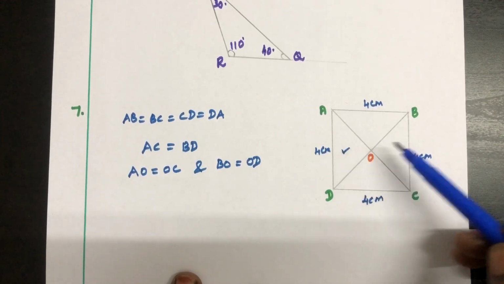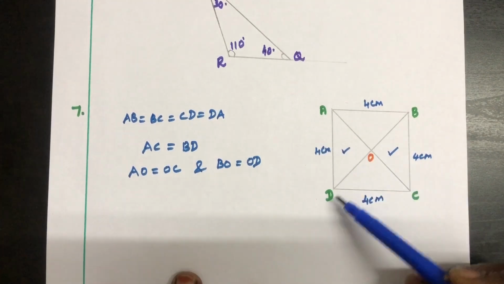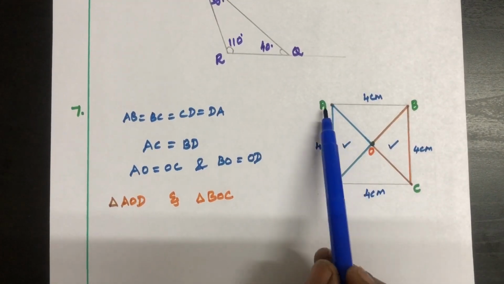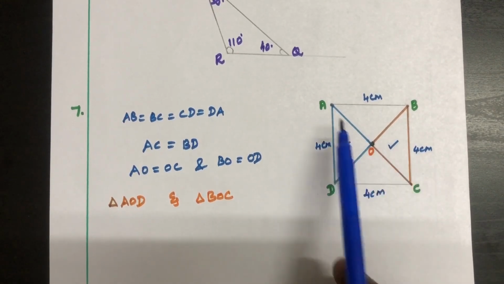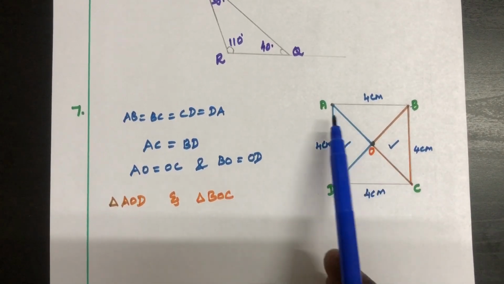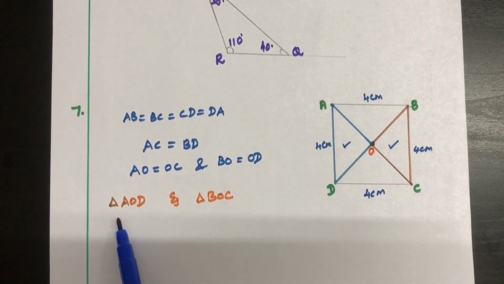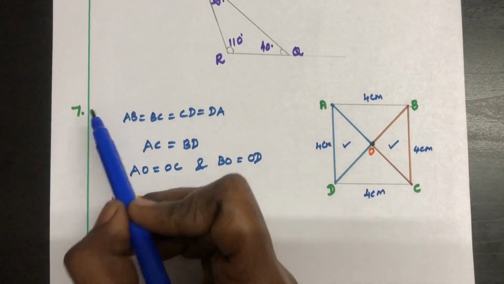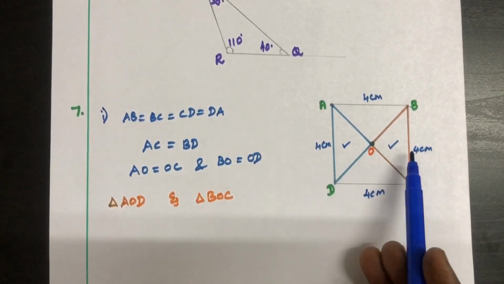Shall we consider these two triangles, AOD and BOC? See here, I used different colors to show which triangles we are going to take. Now we are going to show these triangles are congruent.